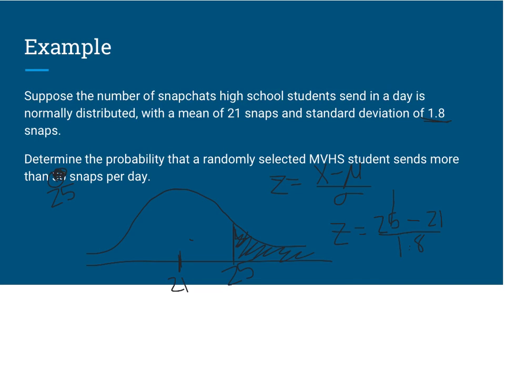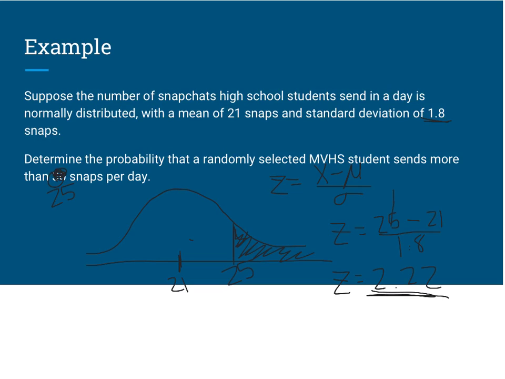I got 2.2 repeating, so 2.22. Again in my z table I'm going to look up 2.22 and see what the corresponding number is. So go to your z table, we're now on the positive side. And you go to 2.2 and then over to 200ths.